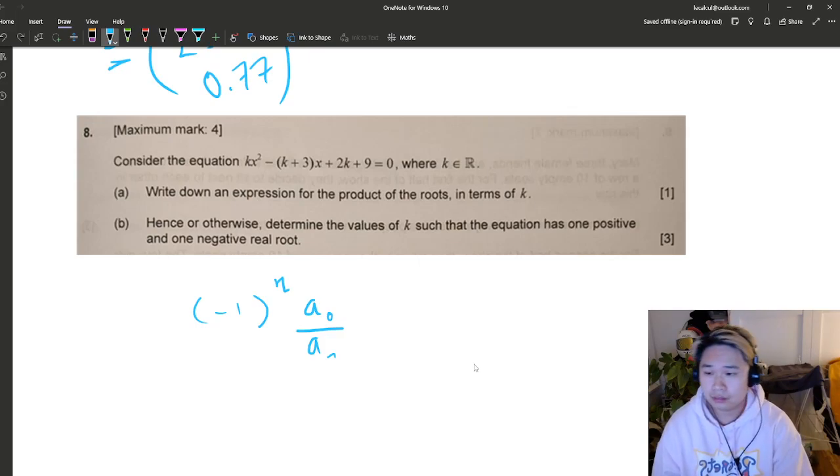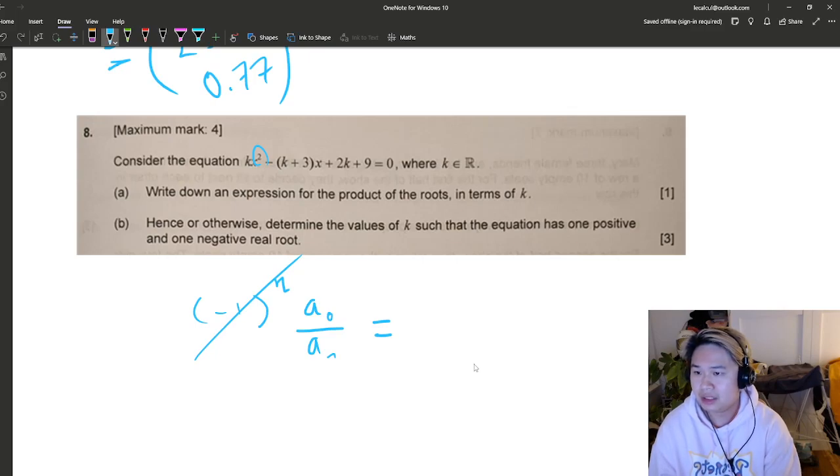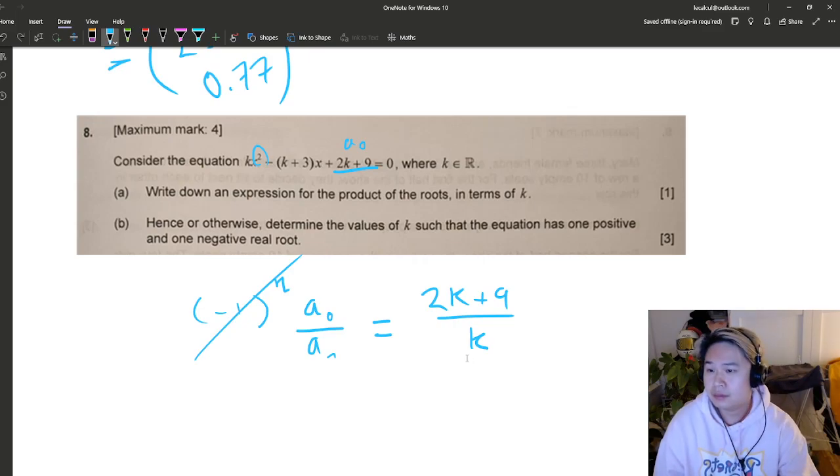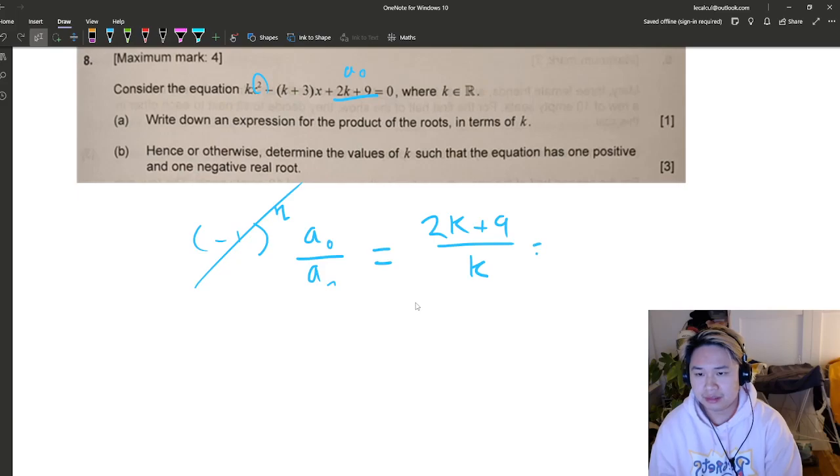Pretty sure. Okay, so then that means that we have, because this is squared, this doesn't matter because it's positive. And then a naught is this thing, 2k plus 9. So we have 2k plus 9 divided by k. Okay, and then, I don't know, I guess we can simplify this. 2 plus 9 over k.